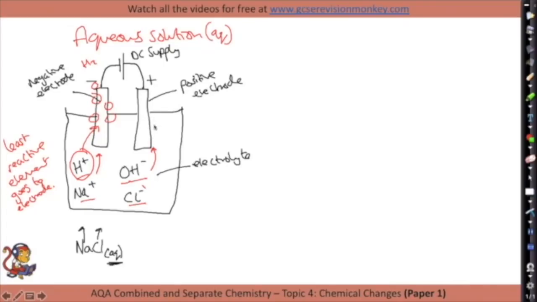If not, oxygen will be produced. So in this case, we've got our chloride present, so chlorine will be produced, Cl2. If a halide ion, remembering that halide is a halogen from group 7, is present, that will go to the electrode.